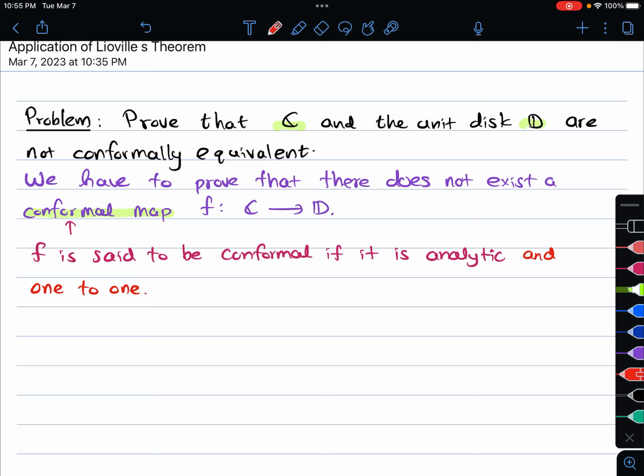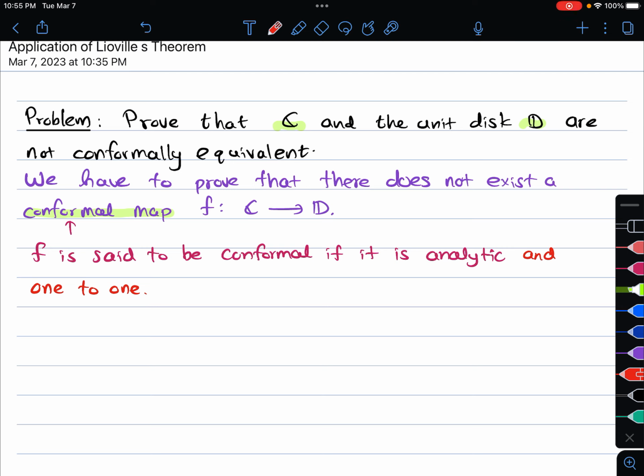So if you have some domain and your function is analytic in that domain and one to one in that domain, we will say that f is conformal in that domain.